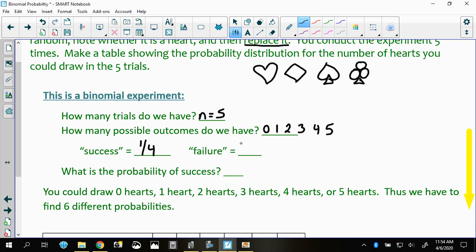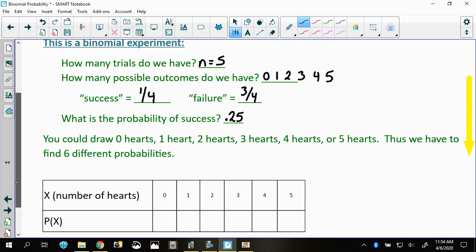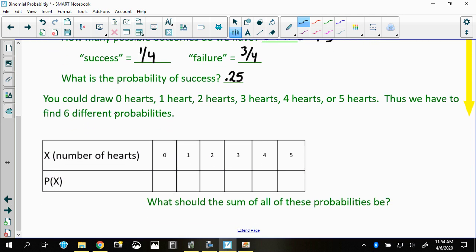The probability of failure is 3 out of 4 because there are 3 that are not hearts. So what is the probability of success? Well, that's 0.25. It said up at the top, 25% are hearts, so that's our probability of success. Since we can draw 0, 1, 2, 3, 4, or 5 hearts, we have 6 different possible outcomes.